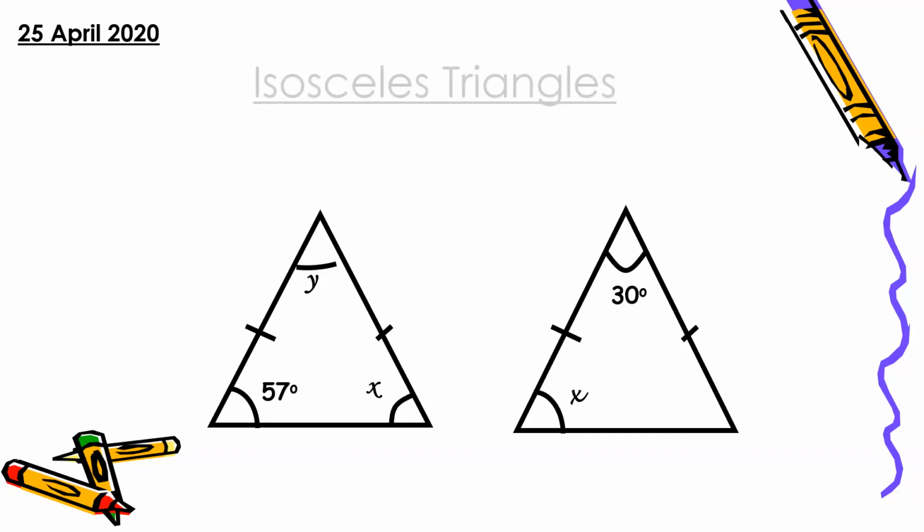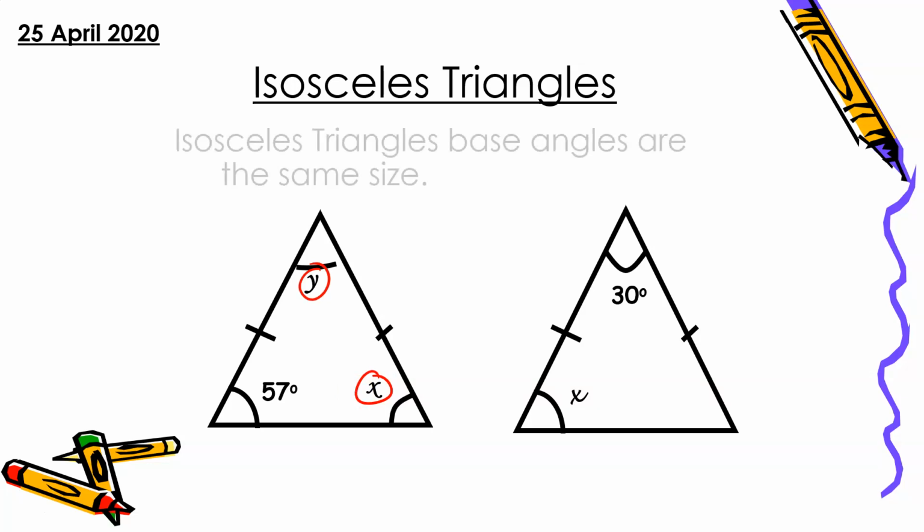So how else can we use this rule? This comes up a lot with isosceles triangles. We've got a question here with this first triangle of unknown angle y and an unknown angle x. The first thing we can do in the first question is use some of the features of an isosceles triangle.